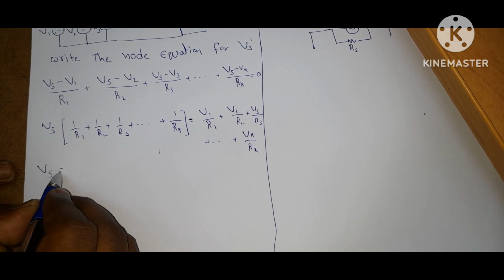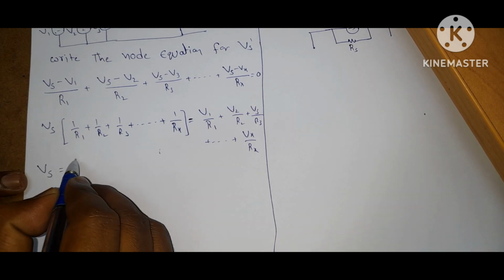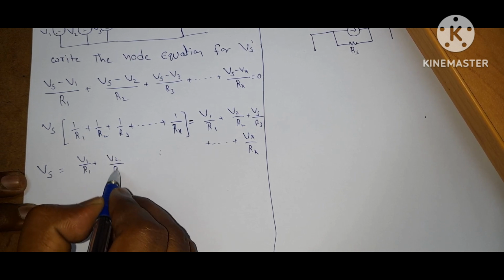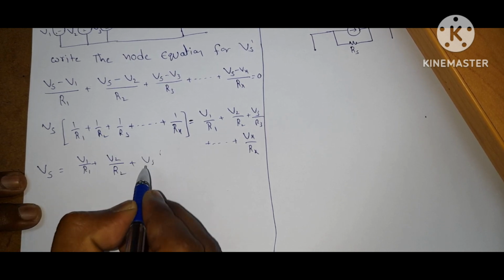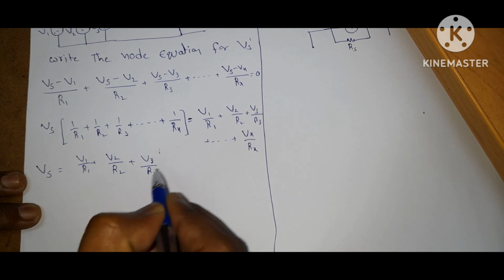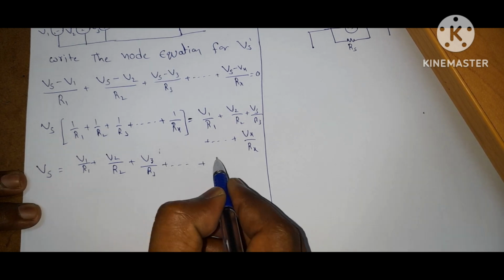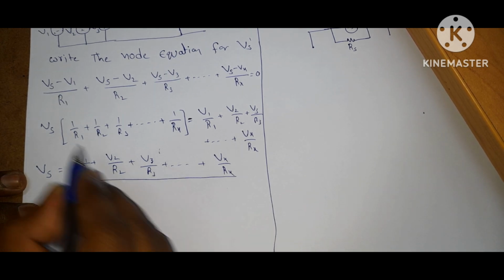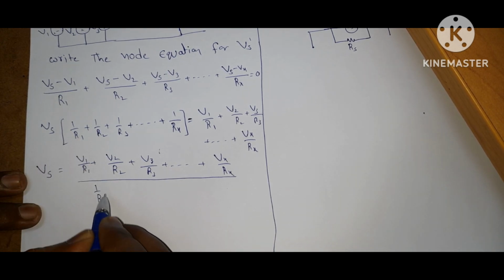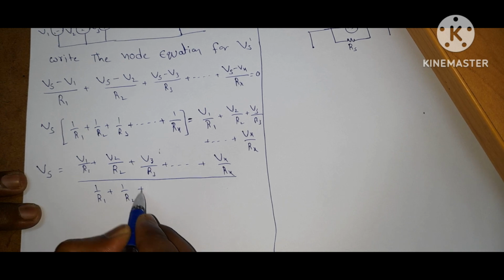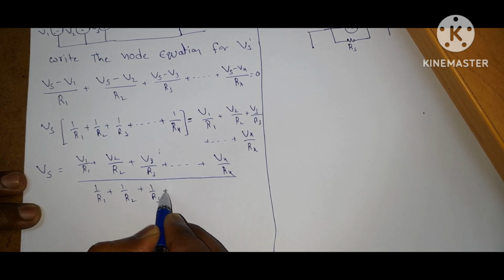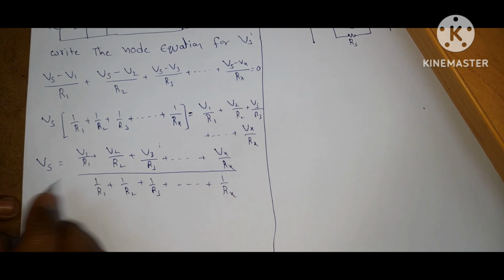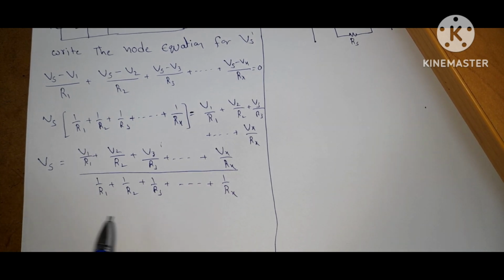What we are getting, Vs is equal to V1 by R1 plus V2 by R2 plus V3 by R3 plus and so on plus Vx by Rx divided by 1 by R1 plus 1 by R2 plus 1 by R3 plus and so on plus 1 by Rx. So this is the Vs voltage.